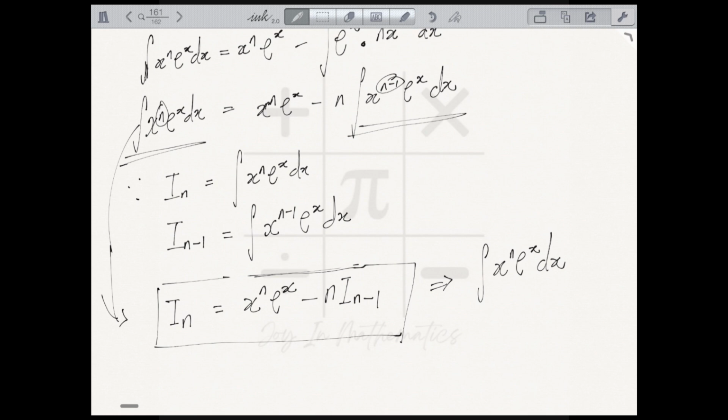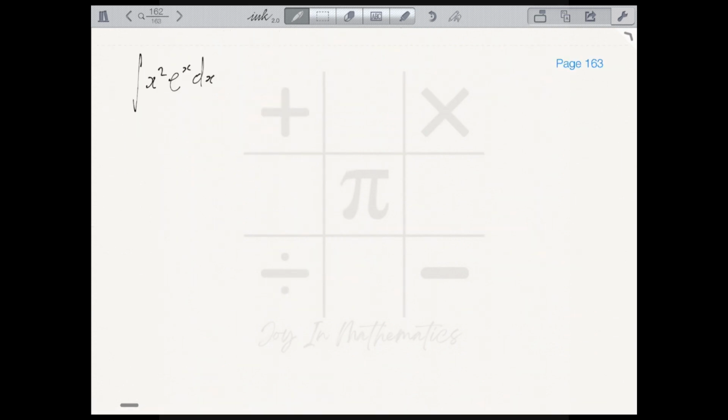Now let's take an example. We are given the integral of x squared exponential x to be integrated with respect to x. Now recall that the reduction formula of x raised to the power n exponential x dx is given as In, which is the same thing as x raised to the power n exponential x minus n I(n minus 1).